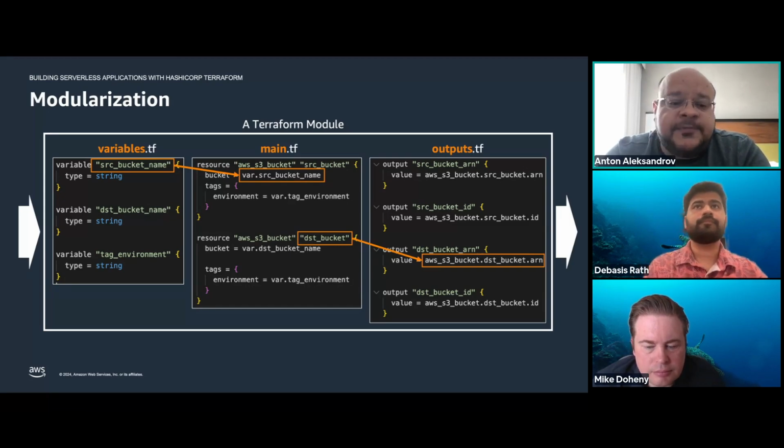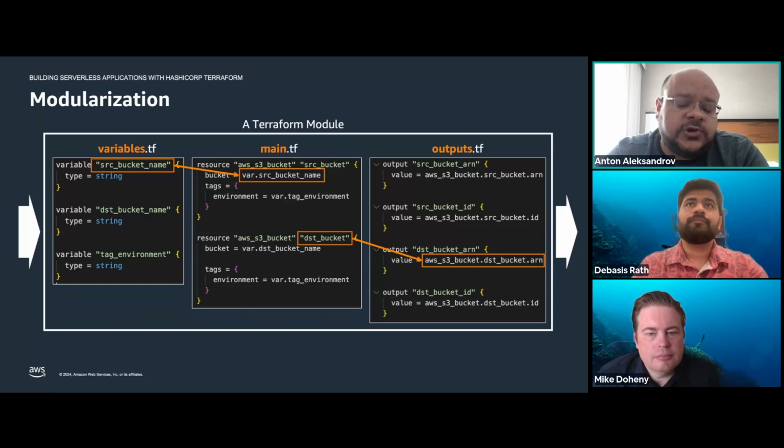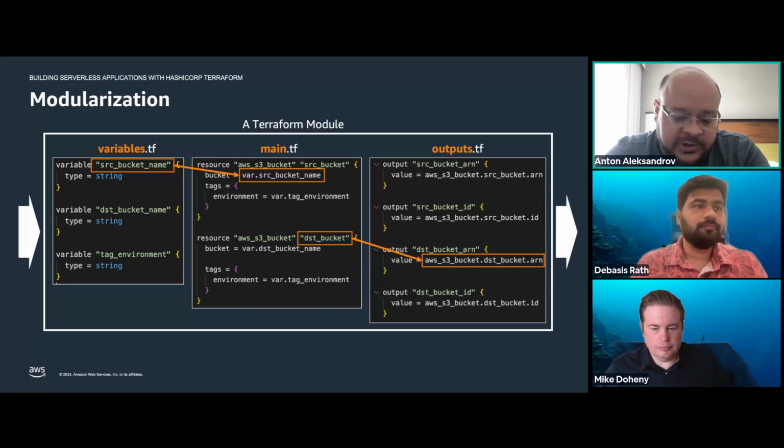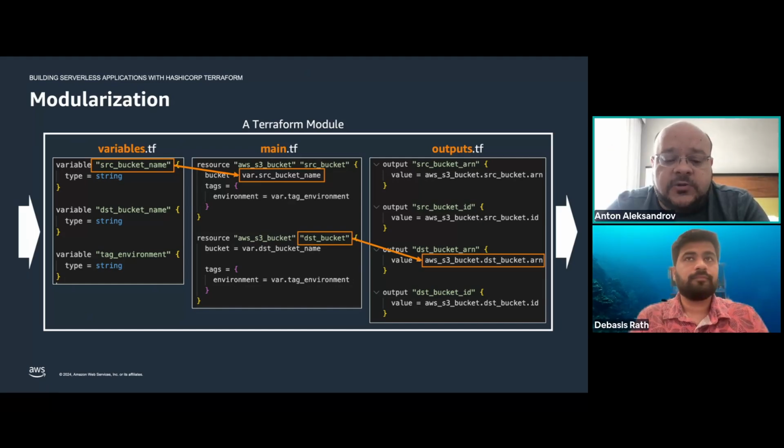So the example you see on your screen here, the module that is created here has an input variable called source bucket name, right? You know what this is about. Devasis showed you the demo. Based on that bucket name, a bucket is created in main.tf. You can see that the bucket name variable is used to create a bucket.